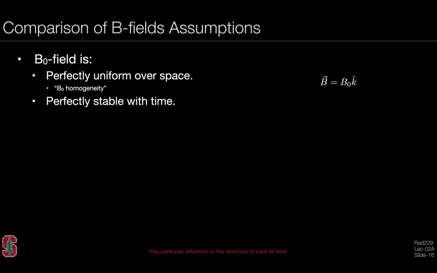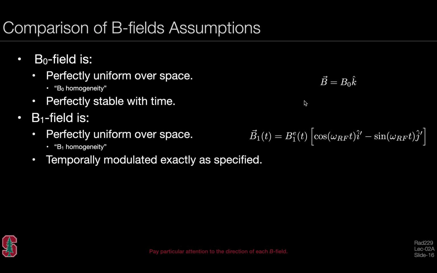So let's make a comparison, now that we've seen some mathematics of the gradient fields, between the various assumptions that we use in MRI. If we return to thinking about the B0 field, we remember that it's perfectly uniform over space. We refer to this as B0 homogeneity, and it is perfectly stable with time. And so the expression that we used is this simple one on the right, where we see that the B field is in no way a function of space or time for the ideal B0 field.